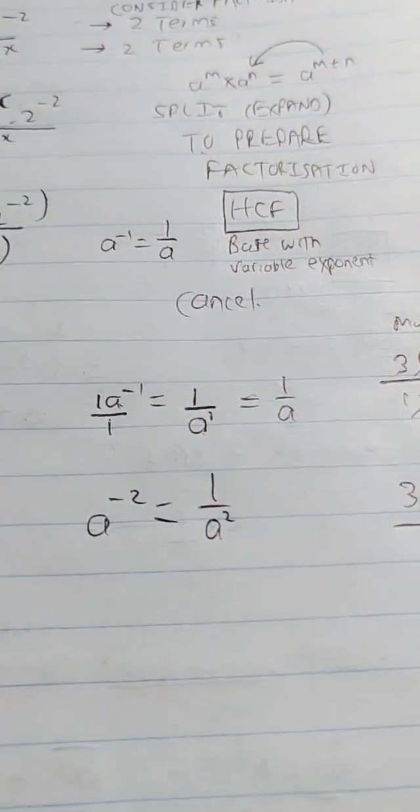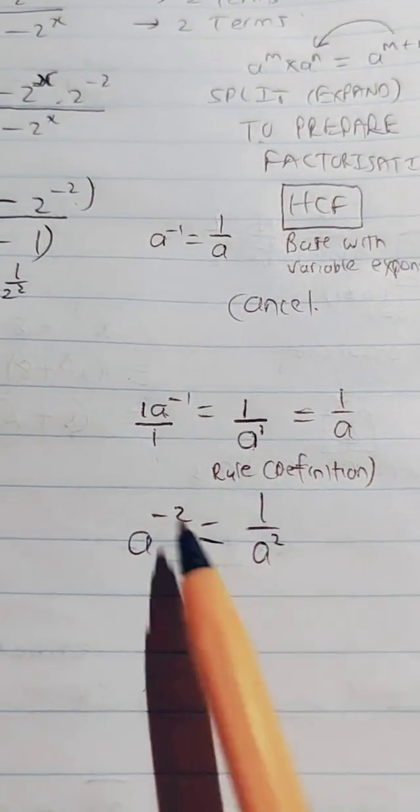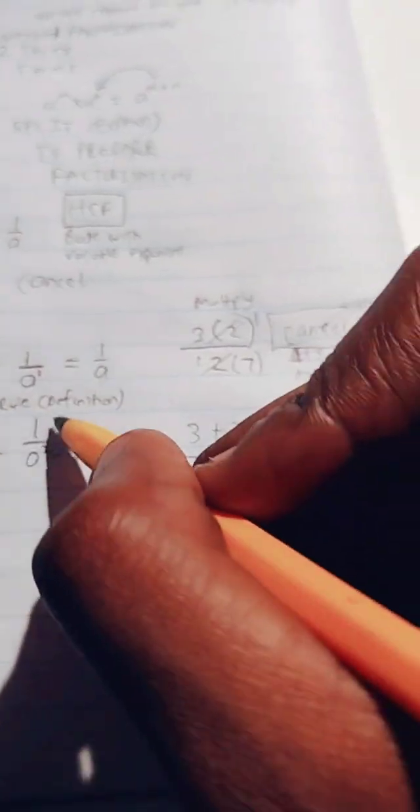That's very important. So if I was to say a to the power negative 2, the answer is going to be 1 over a squared. I need you guys to understand this is a rule and a definition that applies to all negative exponents. Why? Because we don't ever write final answers with a negative exponent. So we need to know this rule.